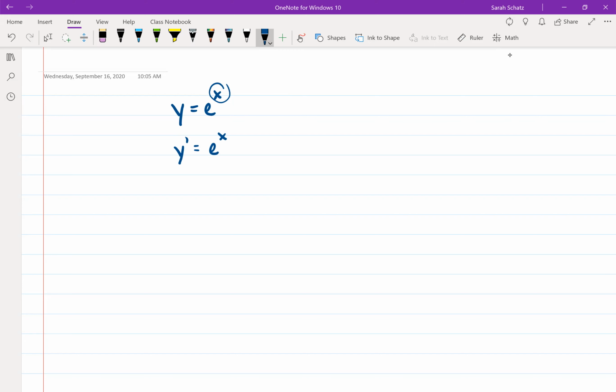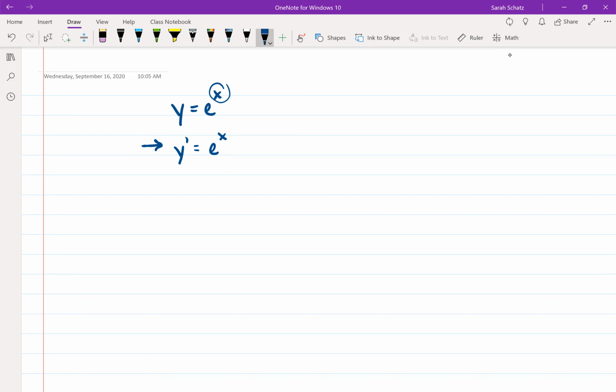Like I said in class last time, it's just the easiest derivative you can ever have, because you don't actually have to do anything. There are things that went on behind the scenes if I showed you the process of getting to this point, but we don't have to worry about the process. We can just accept the fact that the derivative is itself.